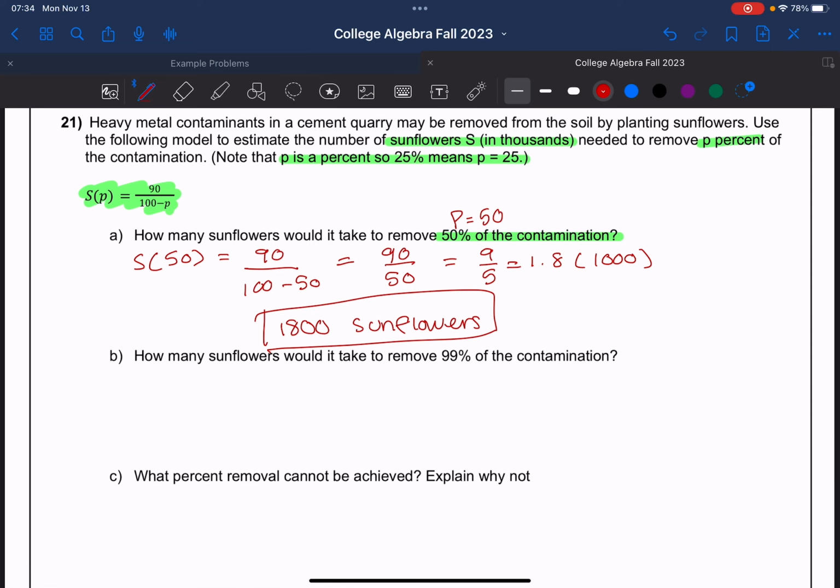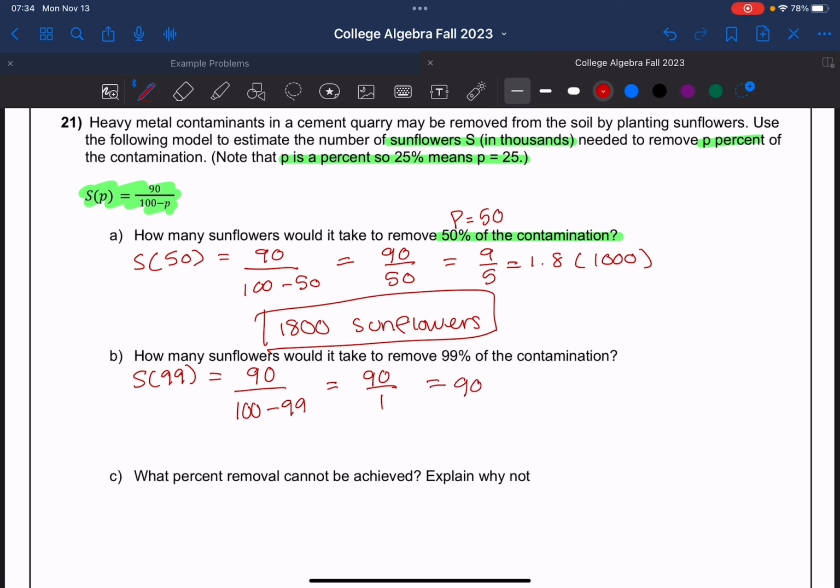The next one says, how many sunflowers would it take to remove 99% of the contamination? Where are we plugging in that 99? P. So I have S of 99 is equal to 90 divided by 100 minus 99. So that gives me 90 over 1, which is 90.